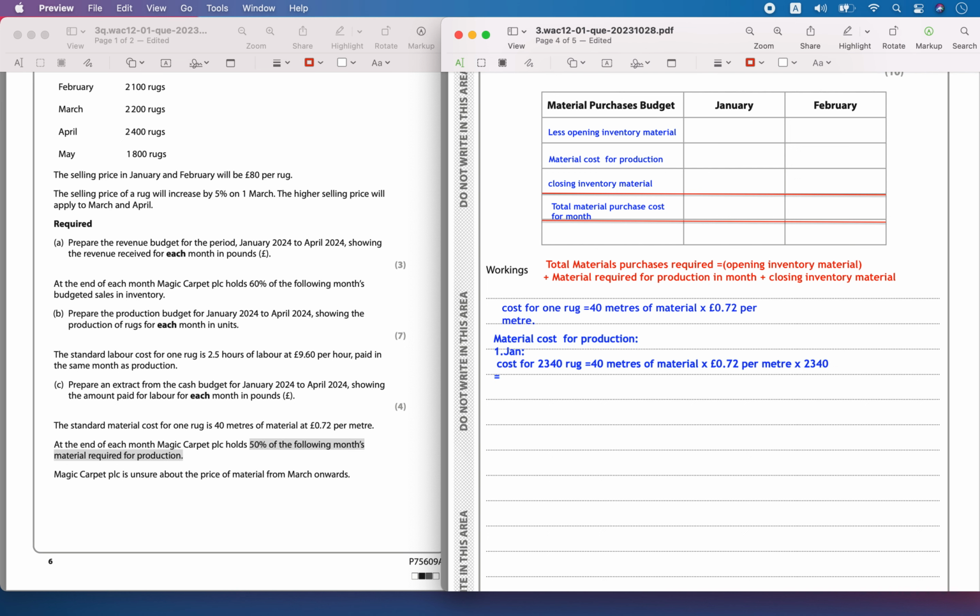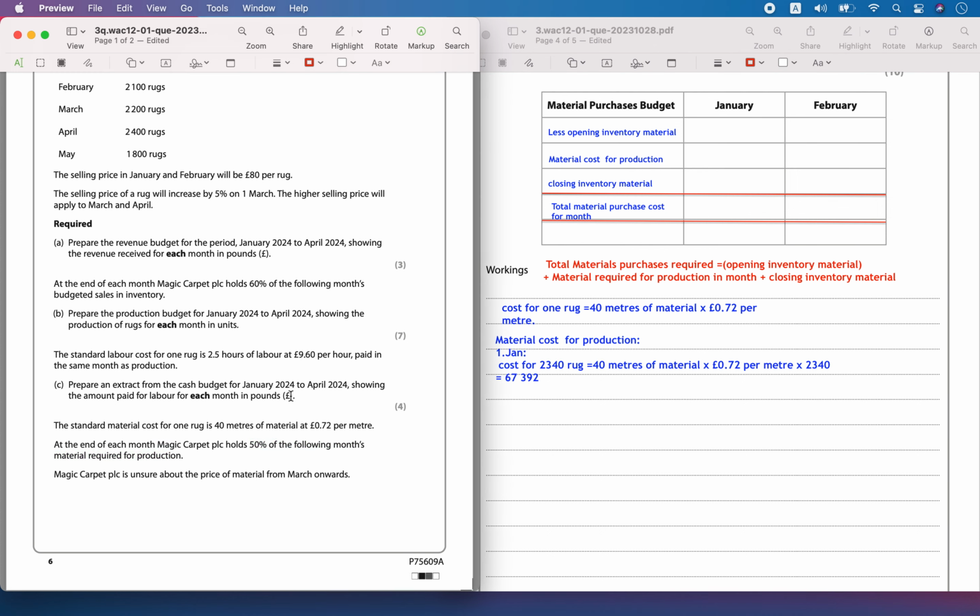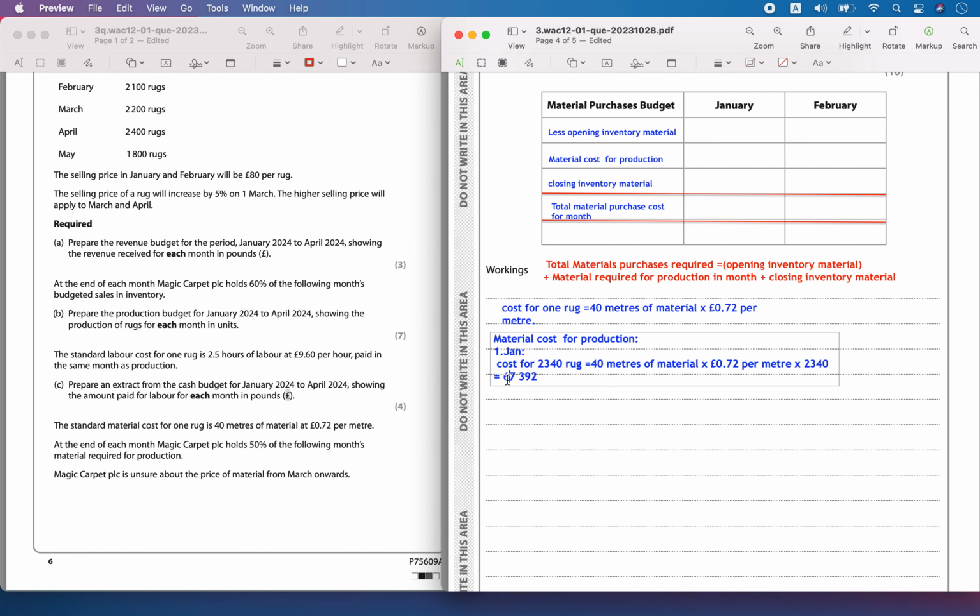So that is going to be 40 times 0.72 times 2340. It is 67,392 pounds. This is going to be the amount for the material cost of production.